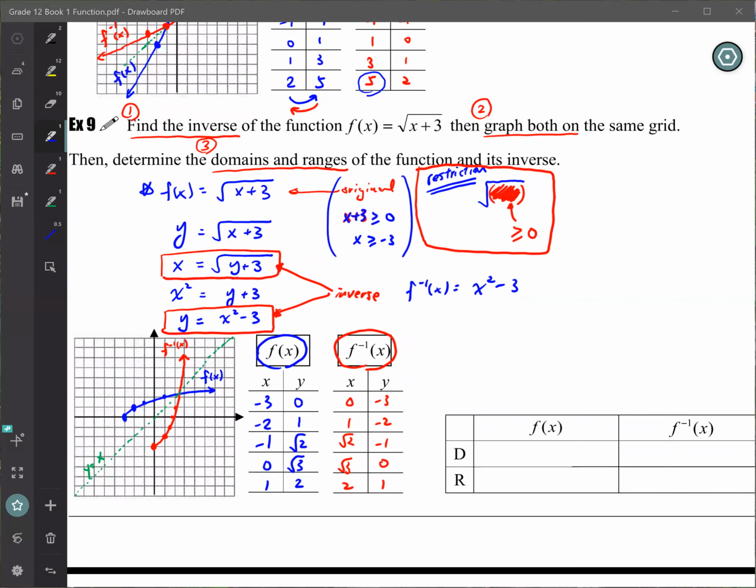Domain is the x value. What kind of x value do we use for f of x? Cindy? What's the domain for the original?